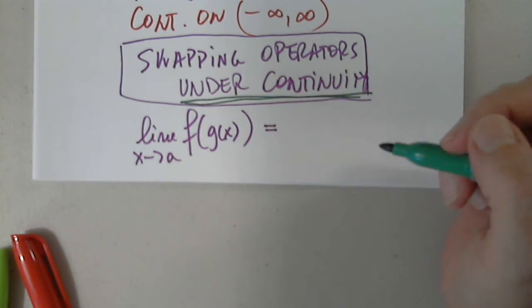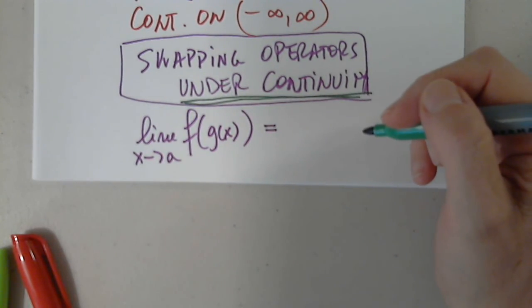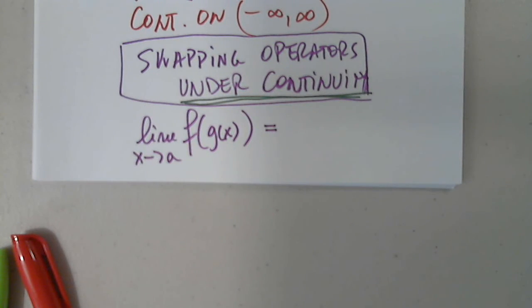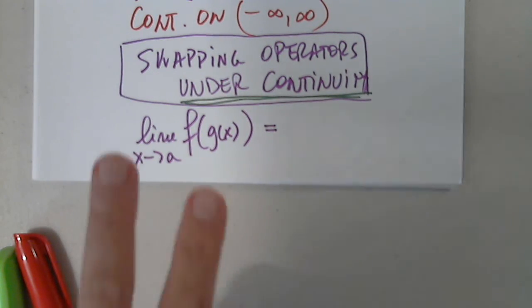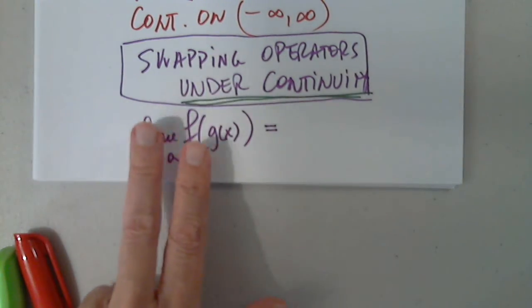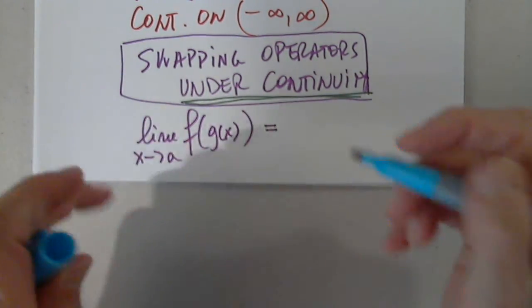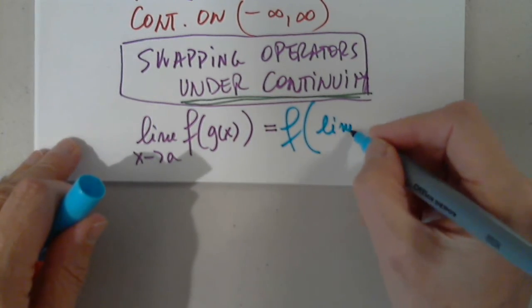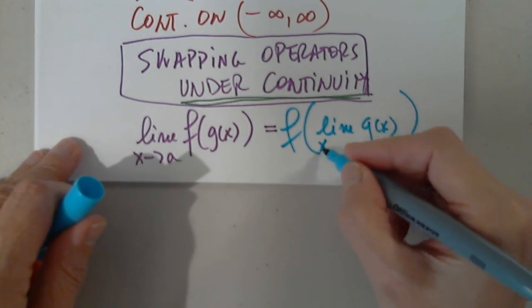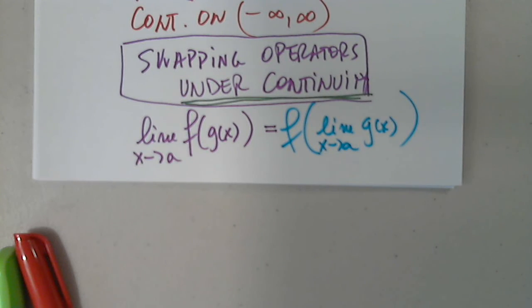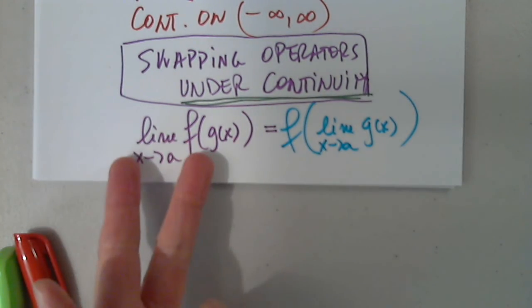Everything has to be continuous. What does this equal to, you think? Anyone? I'm swapping the operators. So it's f of the limit of g of x as x approaches a. Swapping the operators.